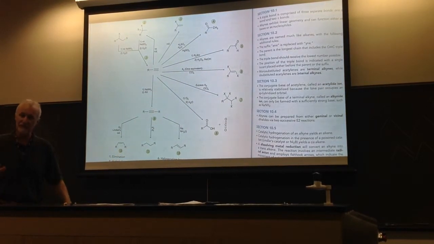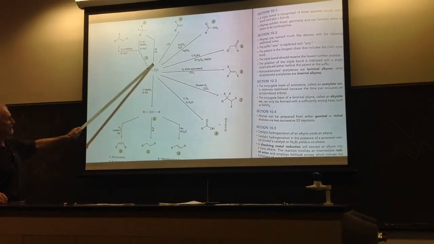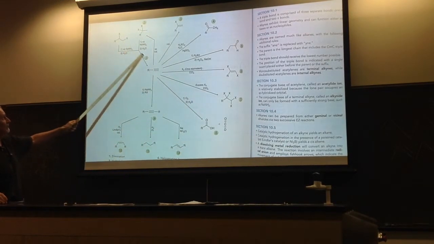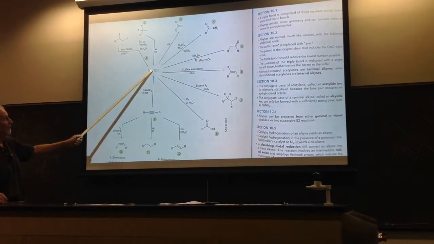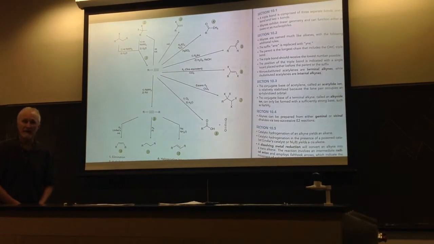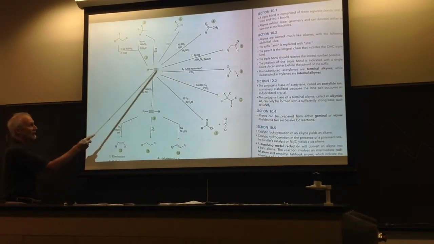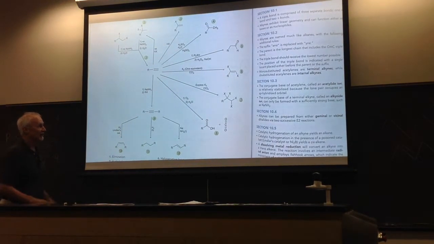So they're all addition reactions except reaction 8, which is a cleavage reaction. In reaction 1, we're doing elimination to make this. All the other reactions go the other way. So remember, there's only one easy way to make an alkyne; start with this. But then from alkynes, you go to these addition reactions.